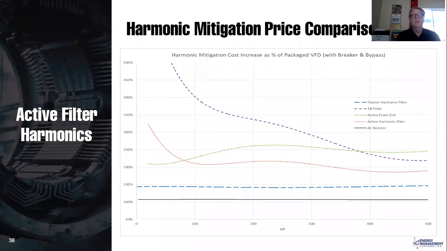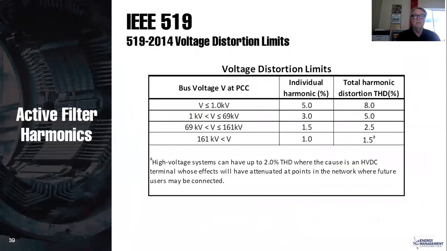It will give you actually better harmonics because the active filter can get clear down there way below 5%. And it becomes cheaper when you consider that you're only using one active filter, and on the drives you would have to use a harmonic filter on every single drive. So prices are all over the place, as you can see, but that gives you kind of a feel for our costs on some of those.